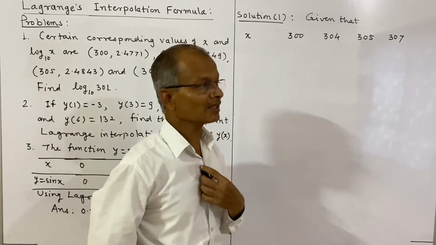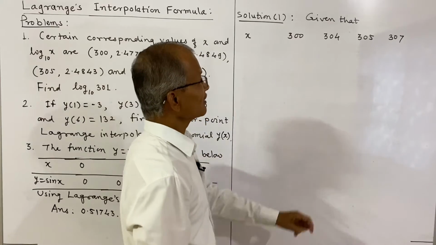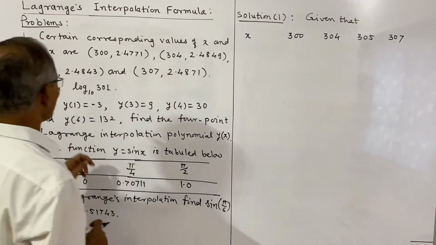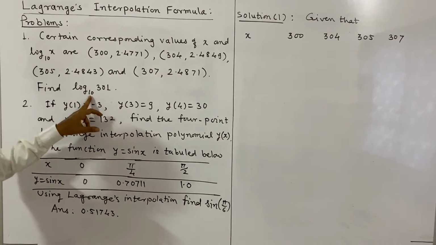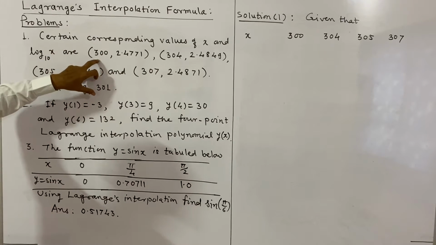In Newton's formula, the distance between two consecutive values of x remains constant, and thus Newton's formula is not useful for this case. We have been asked to find log of 301 at the base 10. These are the corresponding values of log for the values of x.